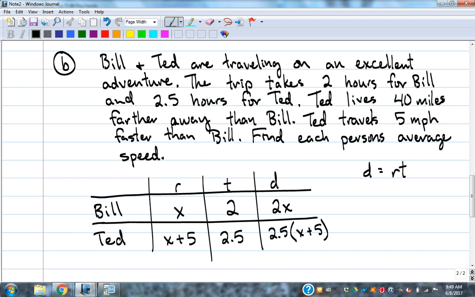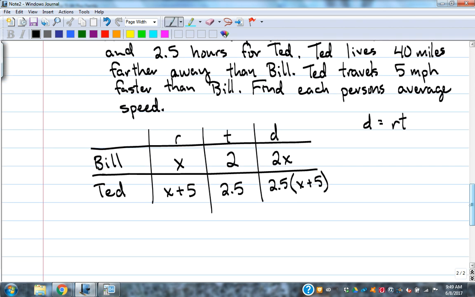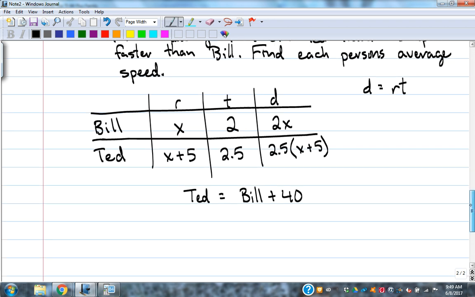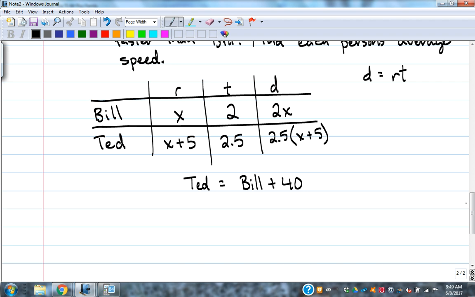And I'm going to use that equation. Now, here's what we got to keep in mind. What do we know about Ted's distance? That Ted was 40 miles farther than Bill. So that was taking whatever Bill drove, and we added 40 to it. Right? So the distance for Ted, 2.5 times x plus 5.